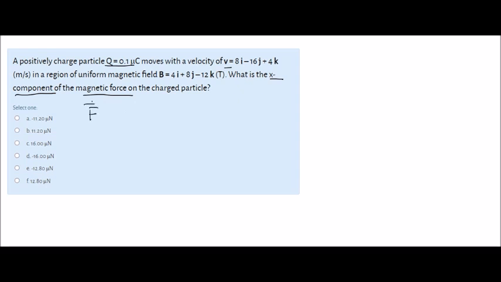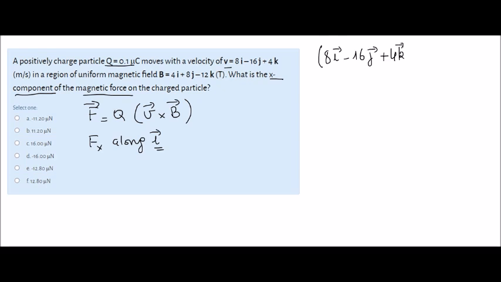The magnetic force is Q V cross B. I need just the X component, Fx, along the i direction. So I need to calculate V cross B and take just the i direction. Let's write V cross B: 8i minus 16j plus 4k, cross B, where B is 4i plus 8j minus 12k.